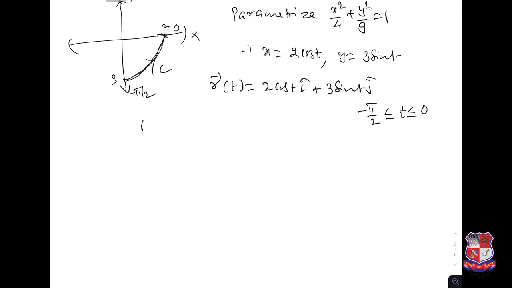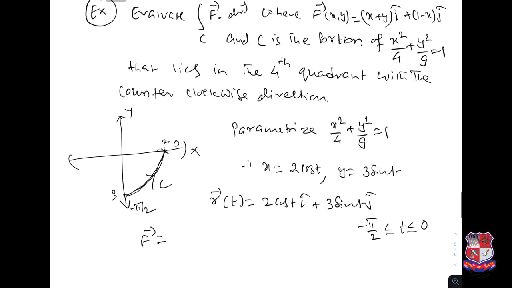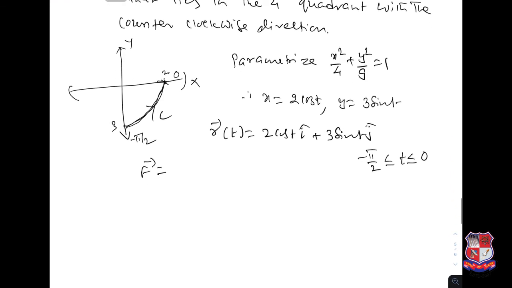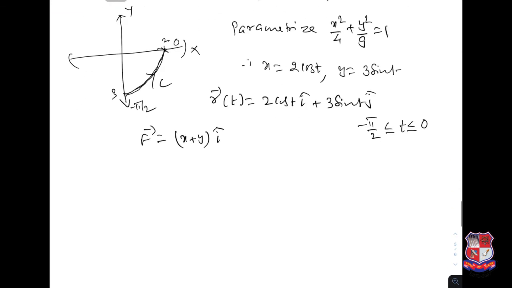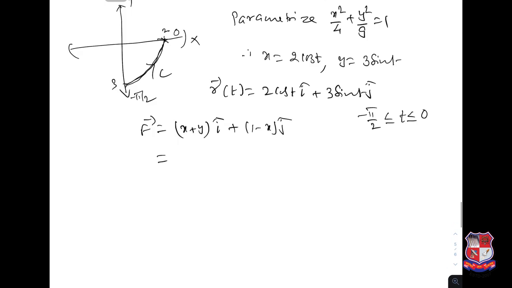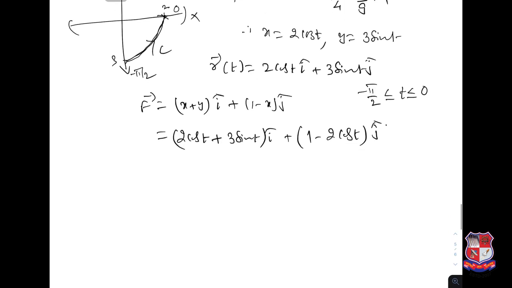Now F, what is F you are having? (x plus y) i plus (1 minus x) j. And so x is 2 cosine t, y is 3 sine t, so 2 cosine t plus 3 sine t i plus 1 minus 2 cosine t j. This is F. We can have dr by dt.